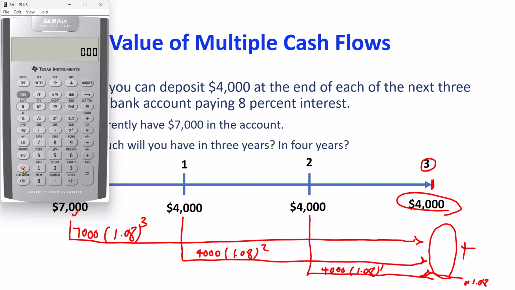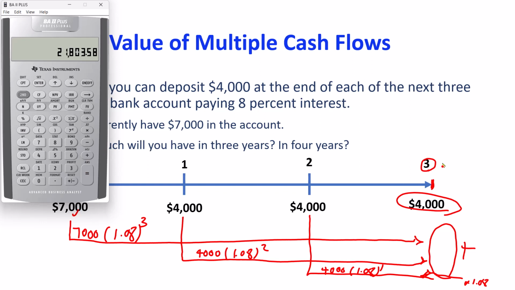Now we can recall these numbers. The future value of the first one plus the future value of the second and the future value of the third plus the 4,000 you receive here at the end of the period, you will have $21,803.58.